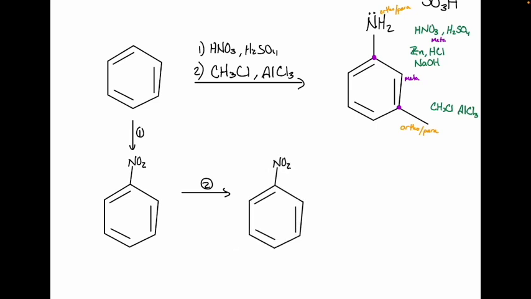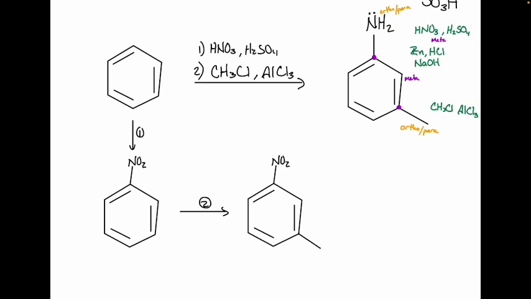Since that nitro group is a meta director, that methyl group will be directed to the meta position. And now I'm ready to do that last step, zinc, HCl. We actually have to follow it up with the NaOH in a different step. All right, but then when I do steps 3 and 4, that's how I'll get to my final product here.